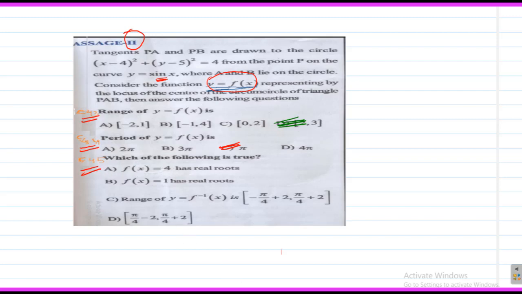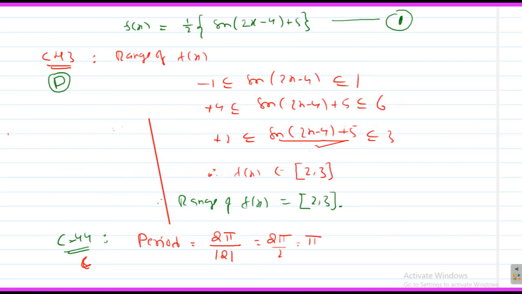Observe here. f of x means 1 by 2 times sine of 2x minus 4 plus 5. First of all, option 1. Option 1 says that f of x equal to 4 has real solutions.